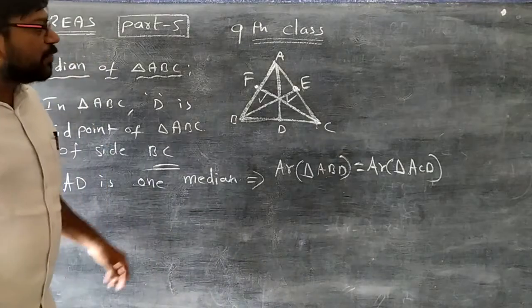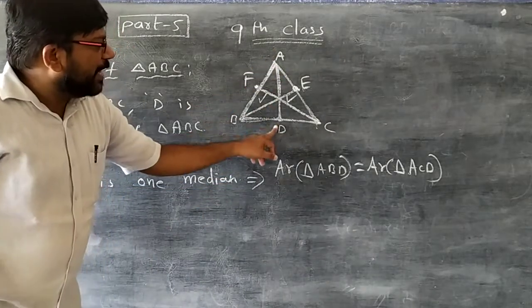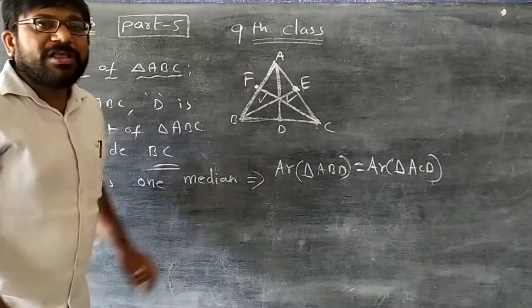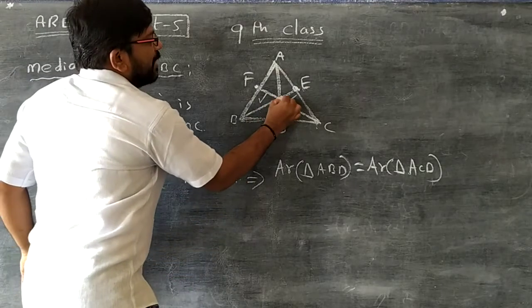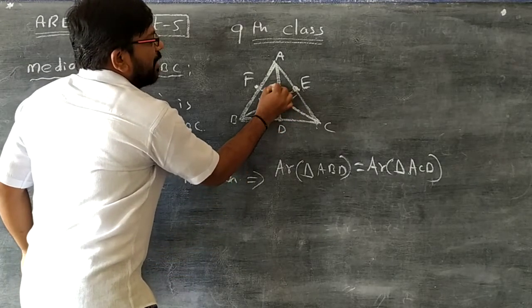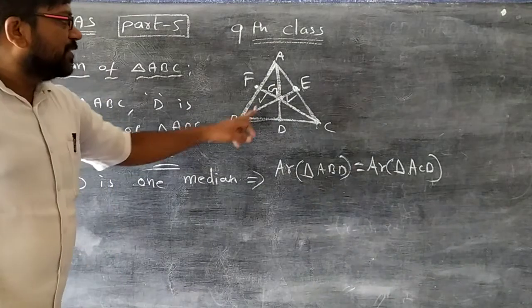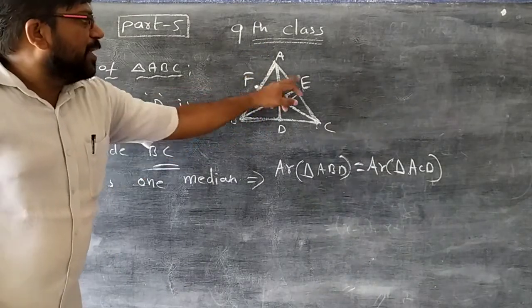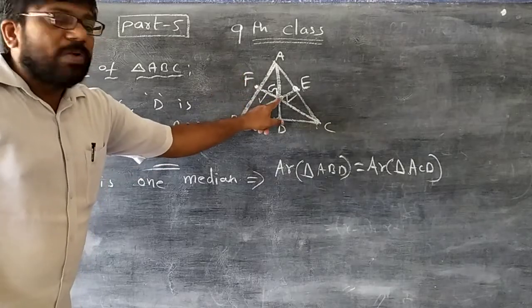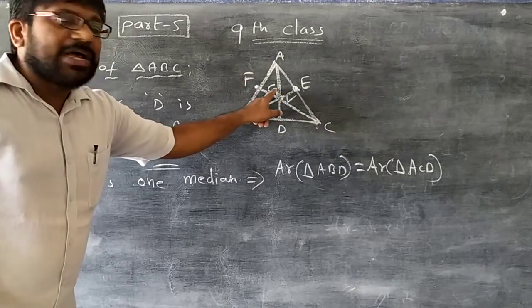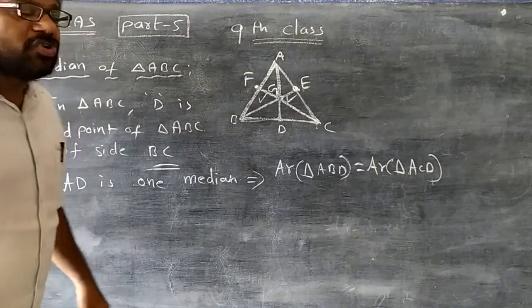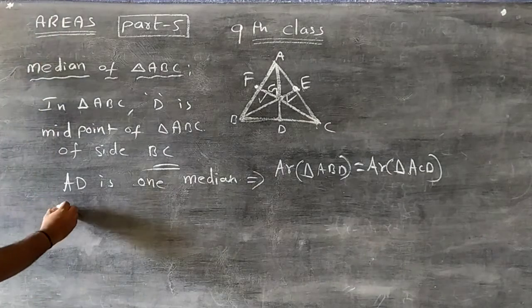So the three medians AD, BE, CF are concurrent lines. The point of concurrency is called G, the centroid. The three medians meet at one point, called the centroid of triangle ABC.